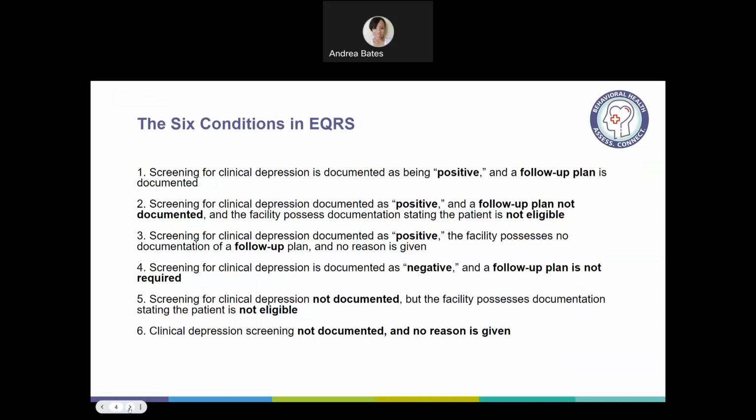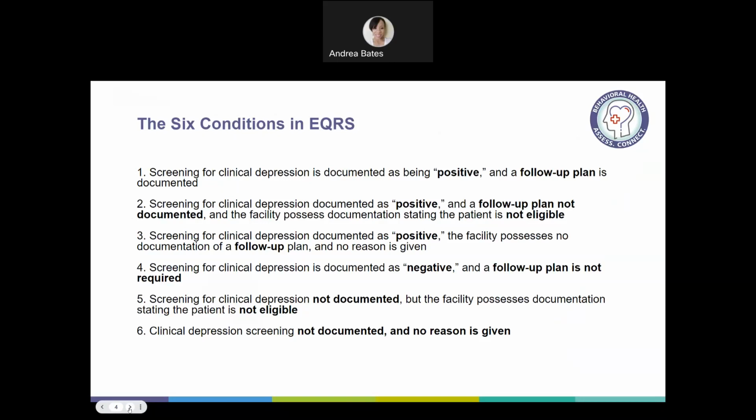Conditions 5 and 6 have to do with depression screenings not being documented. However, the way they differ is condition number 5, the screening is not documented, but that is because the patient is not eligible. And number 6, lastly, is a clinical depression screening is not documented and the facility has not given a reason why.